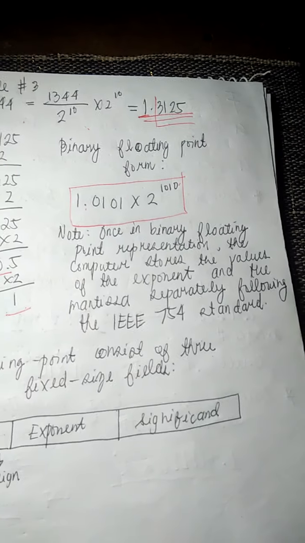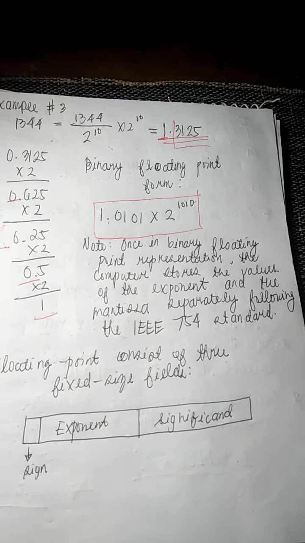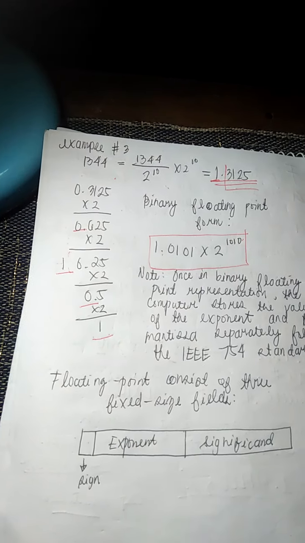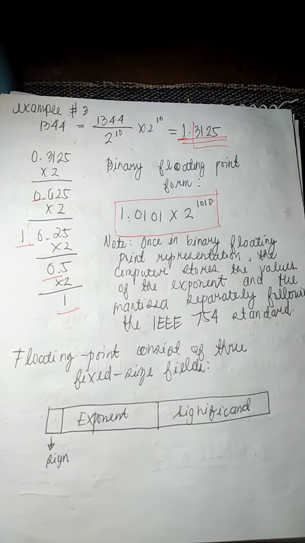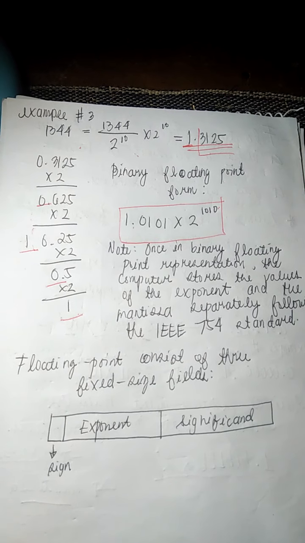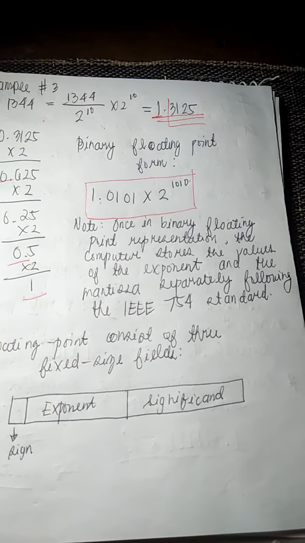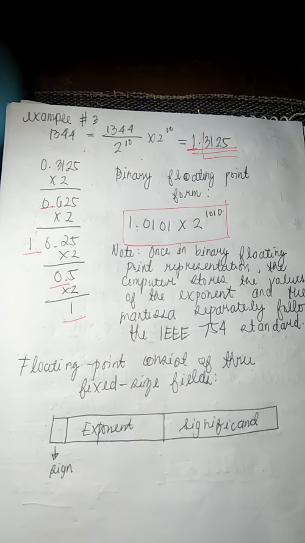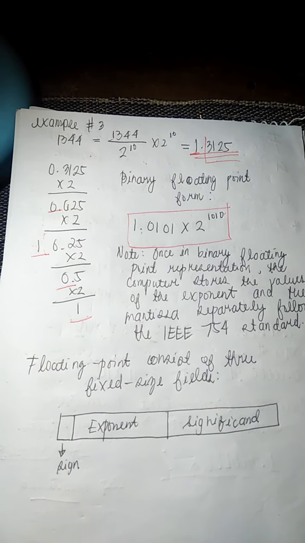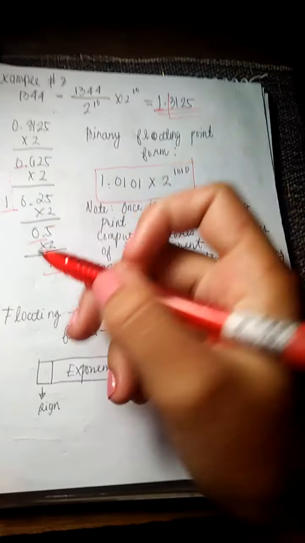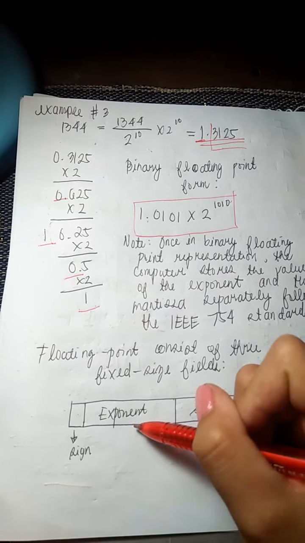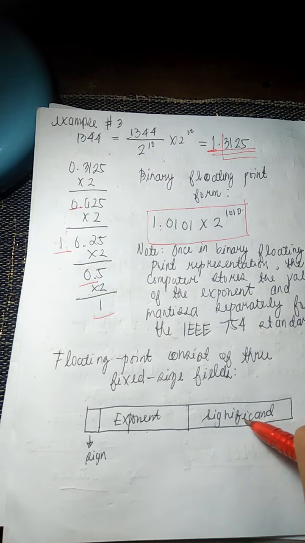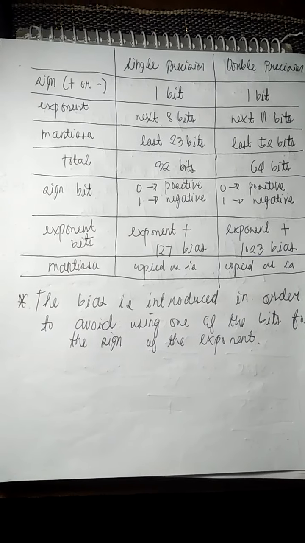Note that once in binary floating point representation, the computer stores the value of the exponent and the mantissa separately, following the IEEE 754 standard. Floating point consists of 3 fixed-size fields: the sign, the exponent, and the significand.